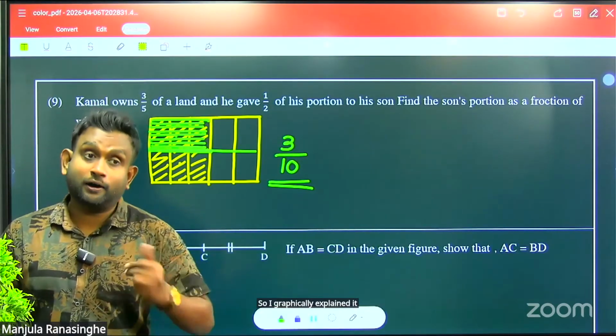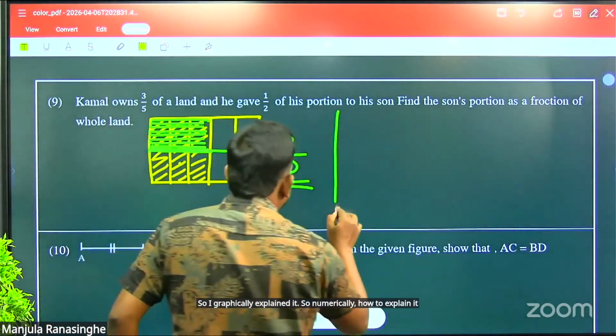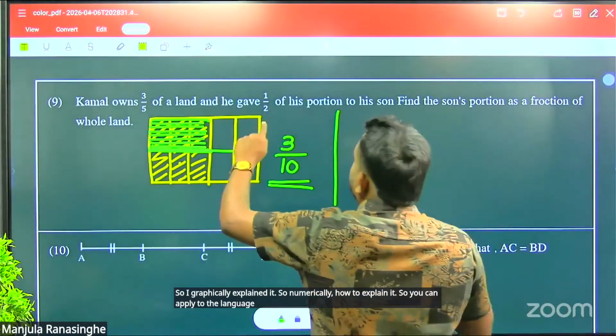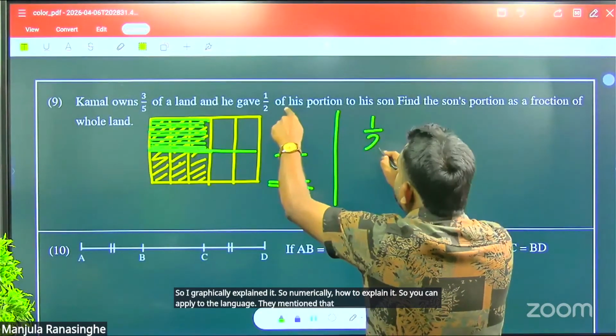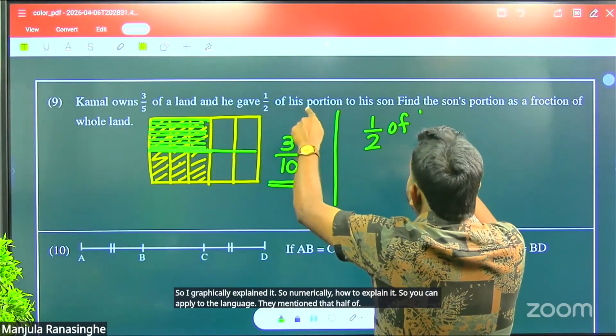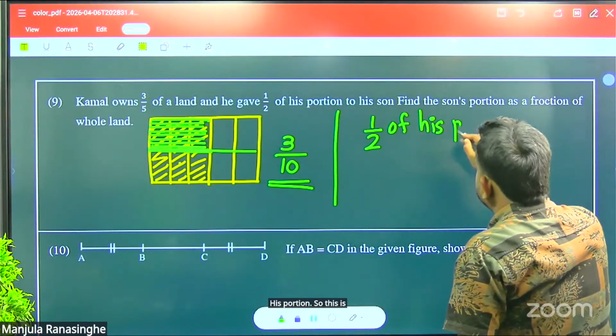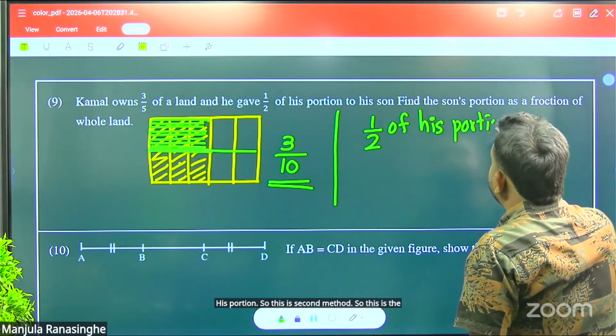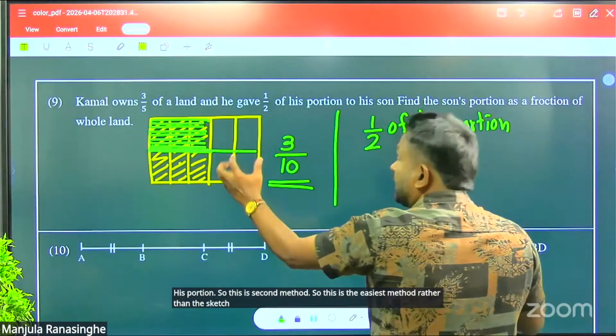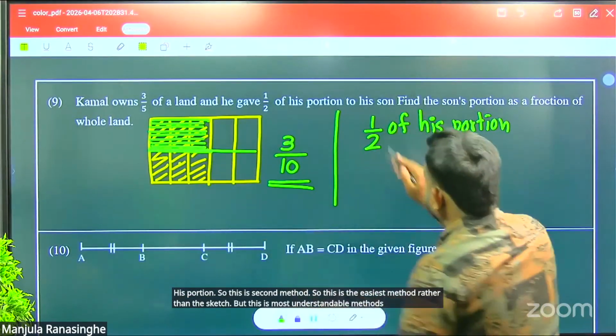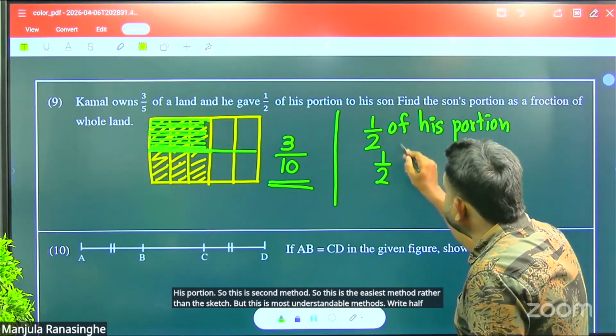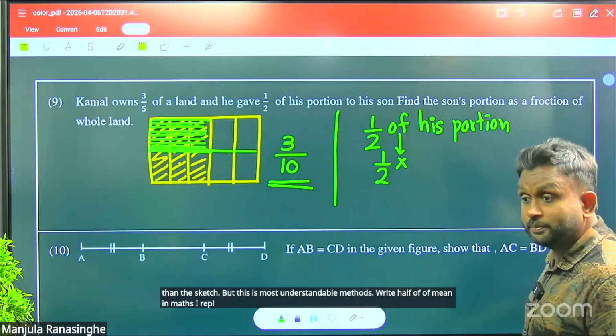Now numerically, how to explain it, so you can apply it to the language. They mentioned half of his portion. So this is the second method. This is the easiest method rather than the sketch, but the sketch is the most understandable method. Half of, in maths, I replace by multiplication.